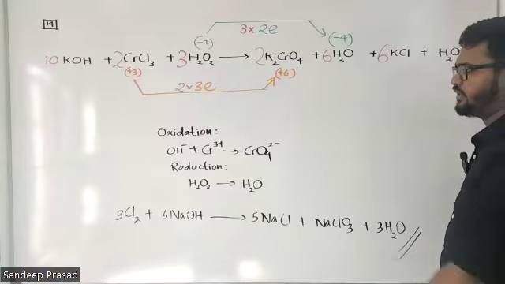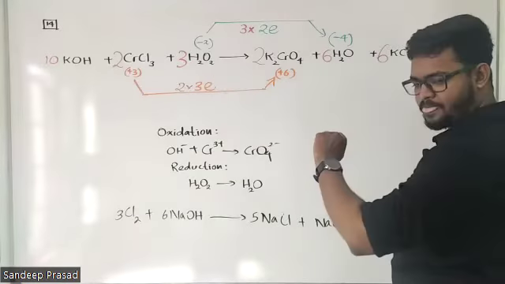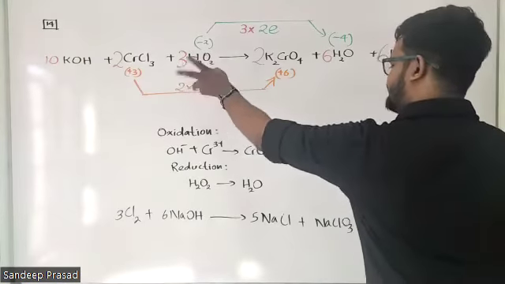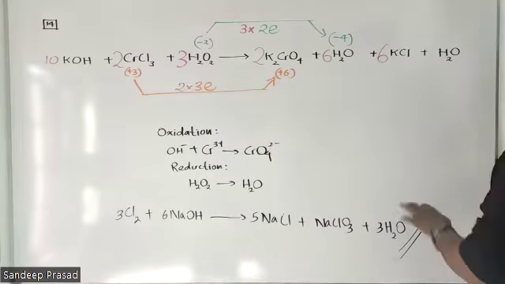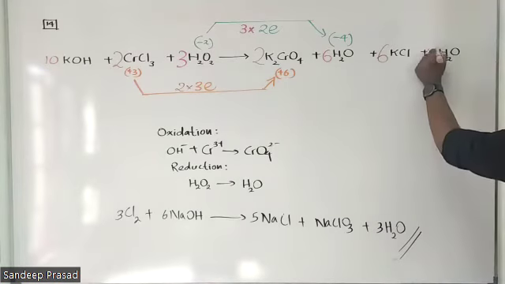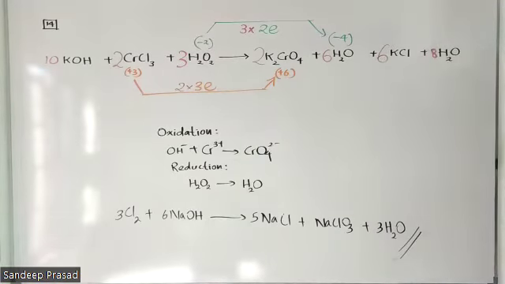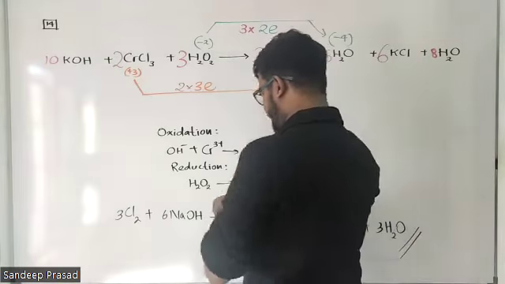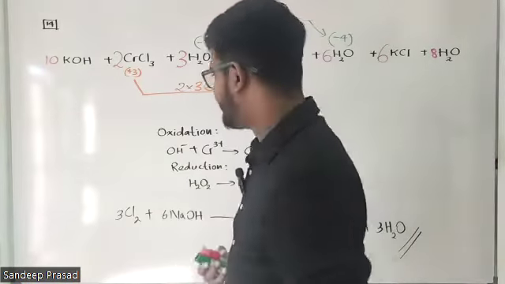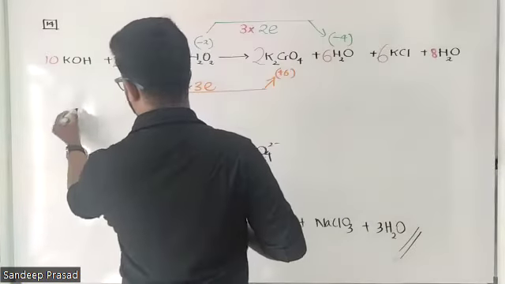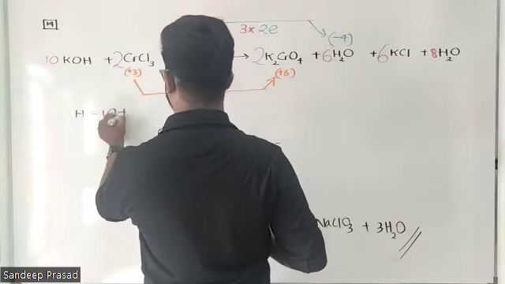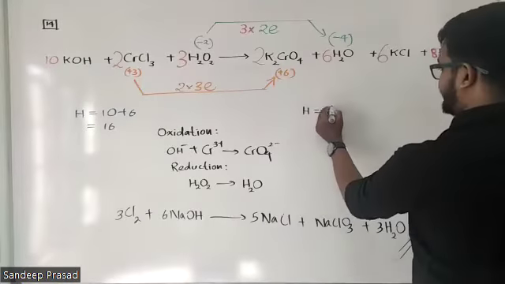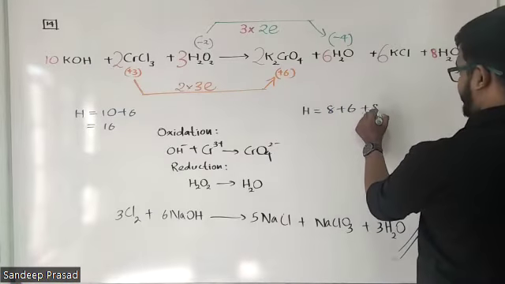How many hydrogen atoms are there on the left-hand side? 10. 3 into 2 is 6. So therefore, 16 hydrogen atoms are there. 16 hydrogen atoms means we can put here 8 water molecules. Finally, in order to check whether the reaction is balanced or not, you can count the oxygen atoms: 10 here, 6, 16, and here 2 into 4 is 8, 6, 8.